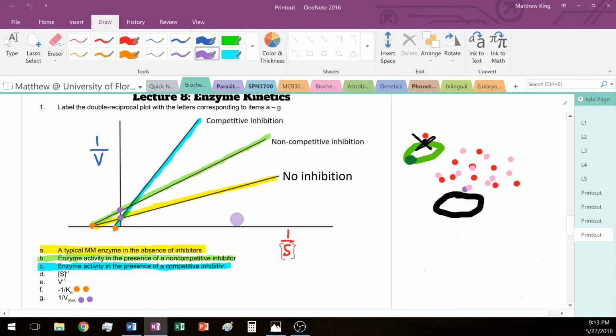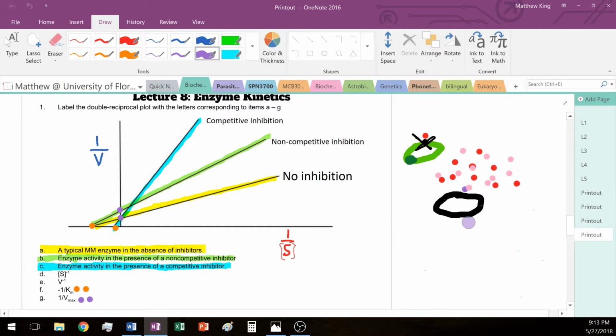And why is that so? This is going to be the same thing because theoretically, even though in our example over here the competitive inhibitor in pink is present, the enzyme is not being altered in any way. It just has different things binding to it.